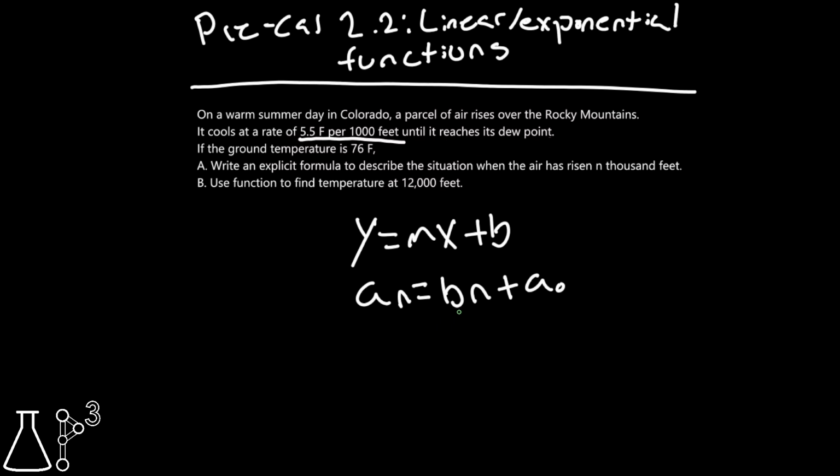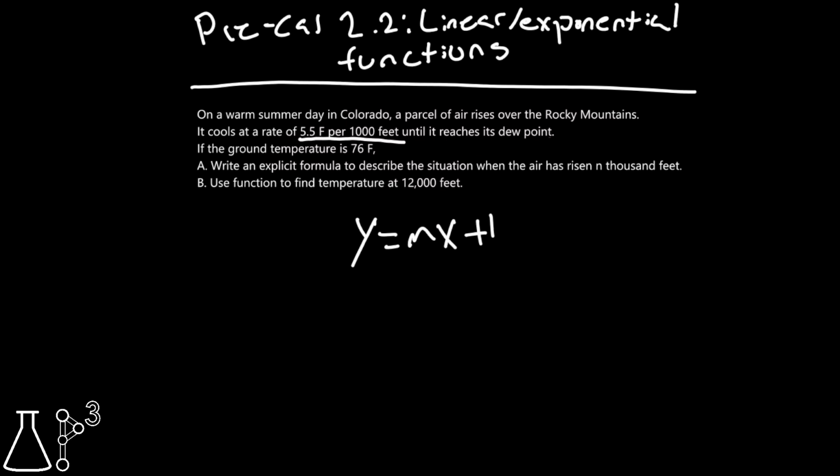Y and a of n are your outputs, or what you're graphing on the y-axis. M and b are your slopes, and x and n are your inputs, and then b and a naught, a initial, a zero is going to be your initial value. So this is a very important concept that you need to understand, that these two are literally the same. And when you're writing a sequence, you're literally just making a function. That is all you're doing.